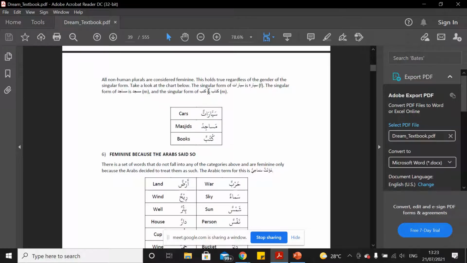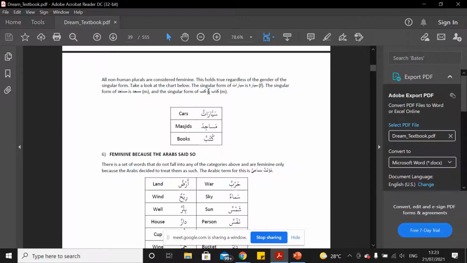I know it's weird, but yes, you got it right. So for a non-human plural, no matter whether the singular or dual form is masculine or feminine, it will be considered feminine in its plural form.